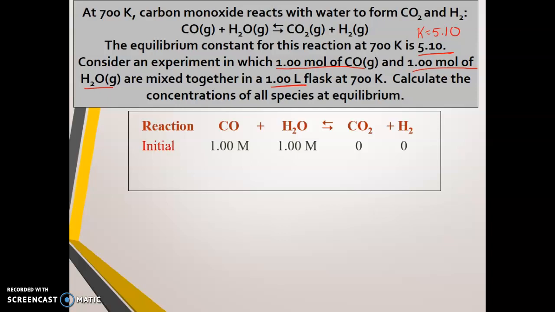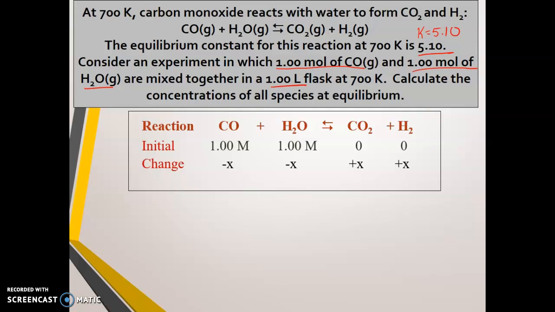Now, because this equation has ones for all of the coefficients, that means that my reactants are going to decrease by the same amount that my products are going to increase. So we can show this with the change as minus X for each of the reactants and then a plus X for each of the products.